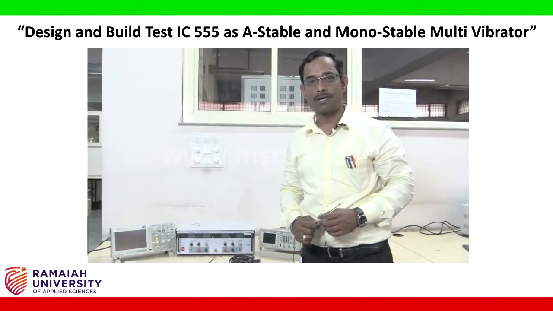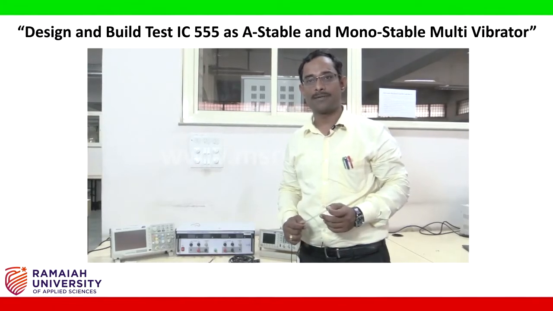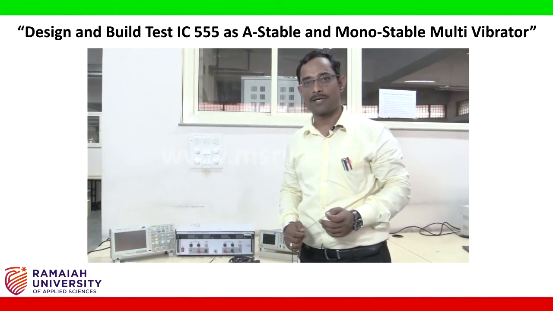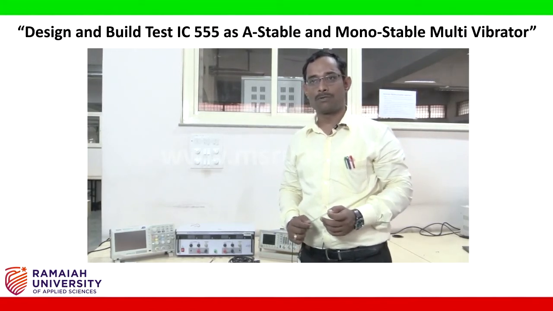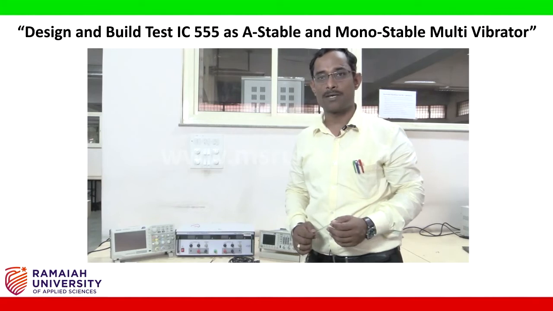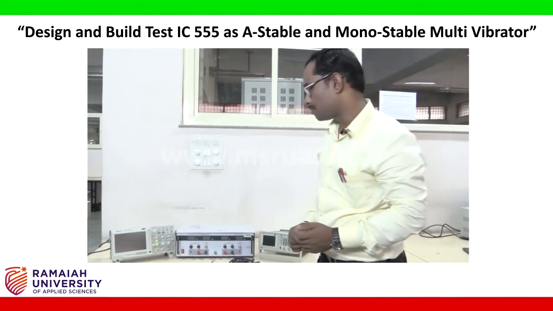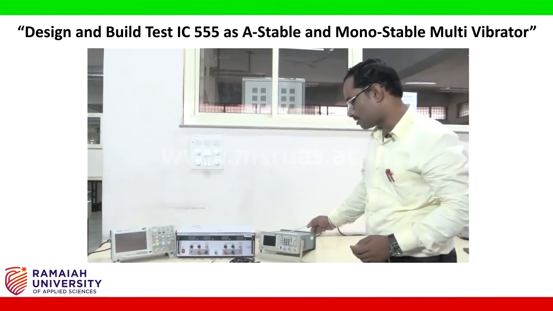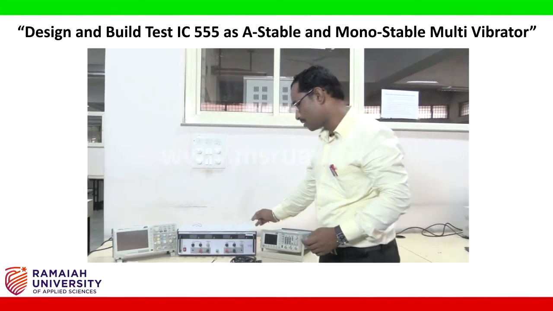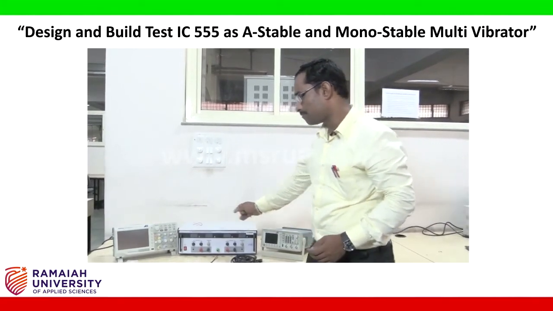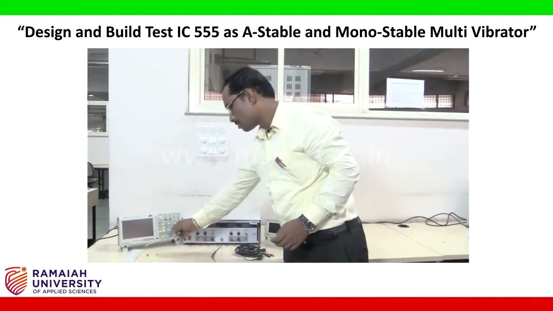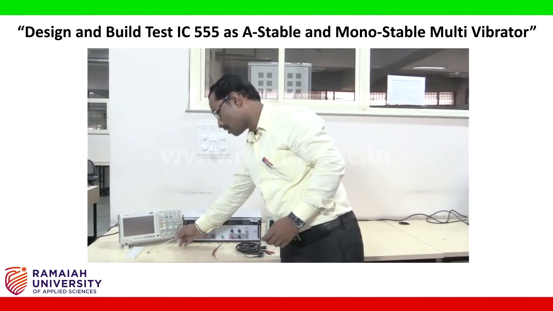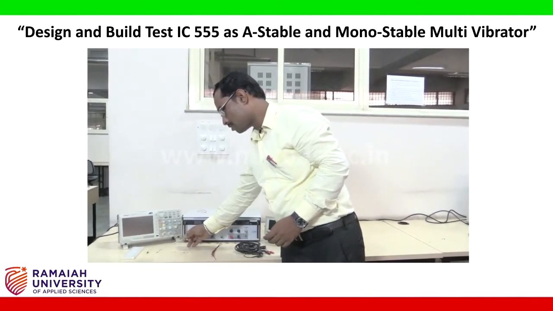Dear students, we already discussed the astable multivibrator. Now I am going to explain the monostable multivibrator experiment. To demonstrate this experiment, we need the following components: a signal generator, DC regulated dual power supply, digital oscilloscope, circuit board, IC 555, and one diode.